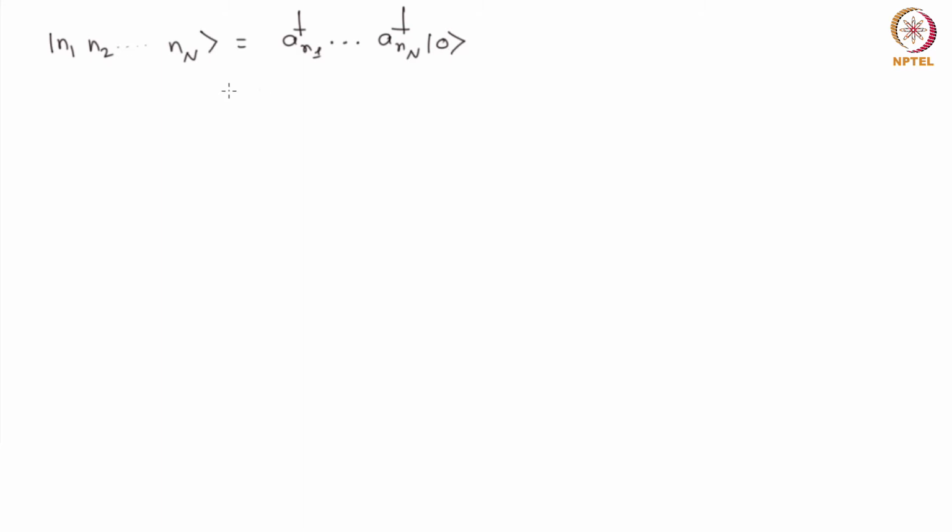I also gave you an exercise to show that if n1 is not equal to n2 and so forth, that none of these n i's are equal, then the state is properly normalized, meaning if you take this inner product, then you get unity.